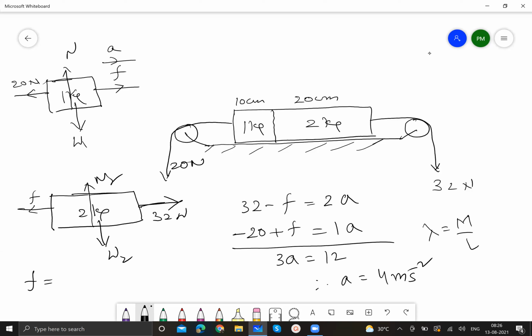This is the force exerted by the 20 centimeter part of the rod on the 10 centimeter part. So it is 24 newtons. That's all. No friction, nothing. Simple case.